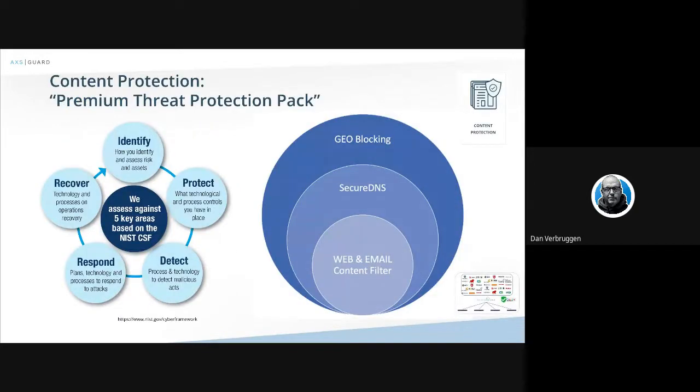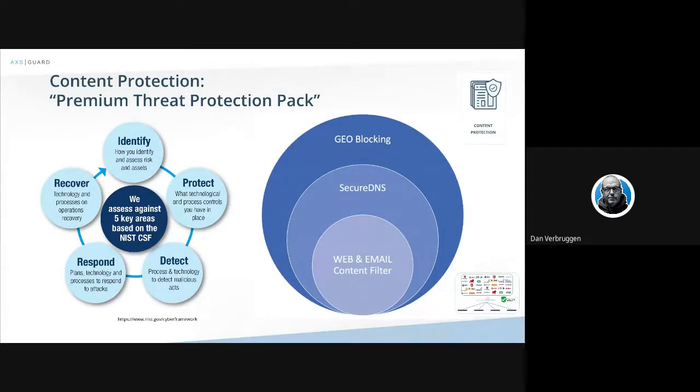In today's webinar, we will focus on a specific solution in the content protection area. With the Premium Threat Protection Pack, we have a solution that fits in all the 5 different important requirements that the security solution must have.